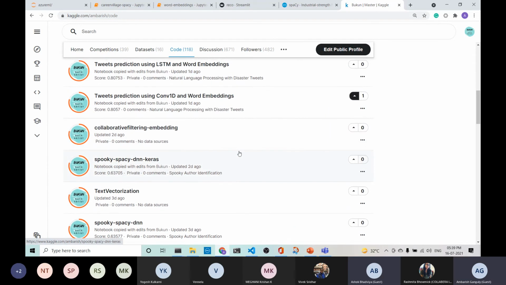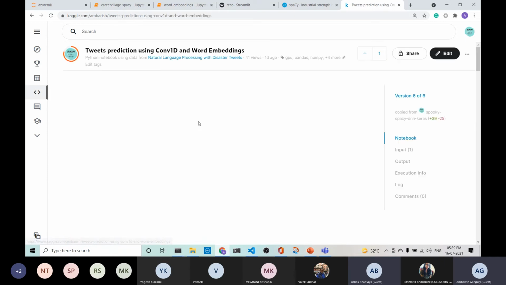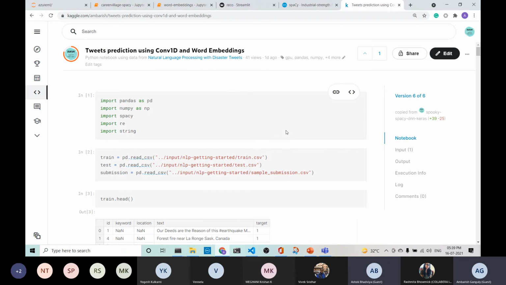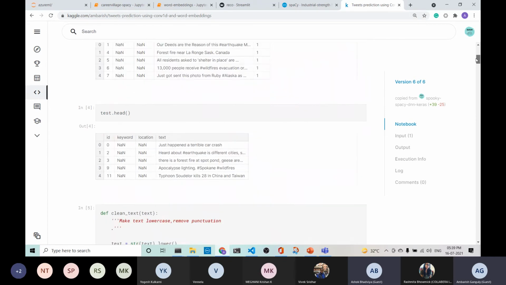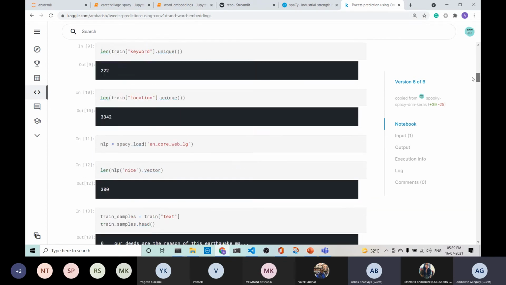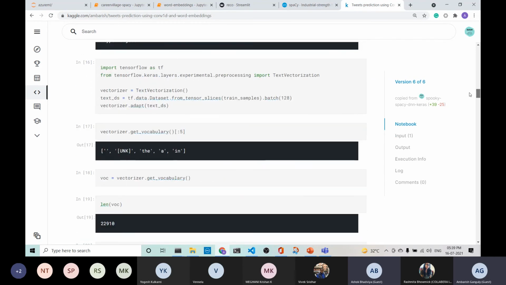I used tweets prediction using Conv1D and word embeddings. I have not discussed Conv1D, but many people here are experts. Yogesh is a Google Developer Expert in machine learning, so there are more experts than me here. You can try this out.